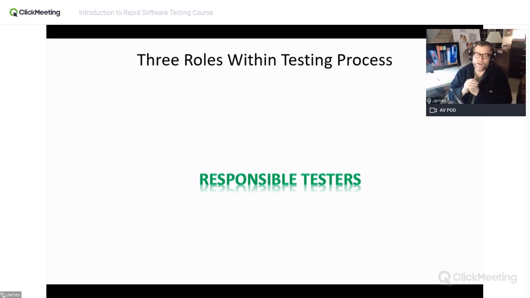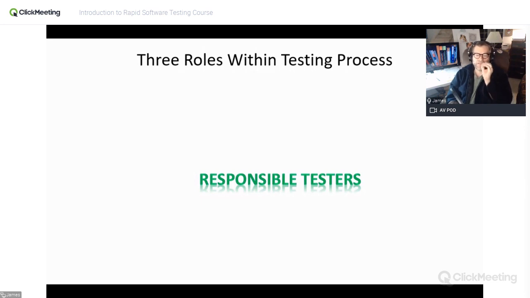I don't know of anyone else who calls people responsible testers as a title, but we like to use that title. What does responsible tester mean? It means a tester who is personally responsible for the quality of his own work. No one else is responsible, just that tester.